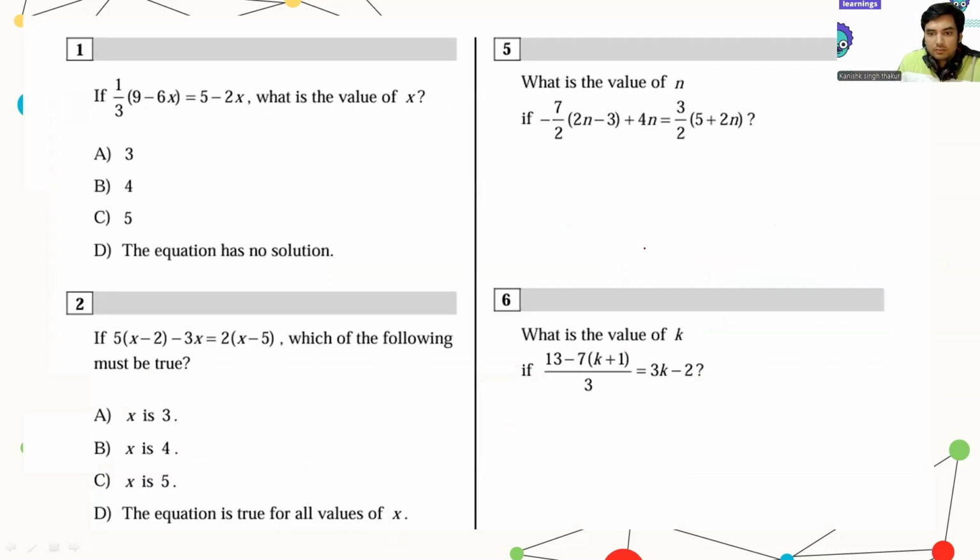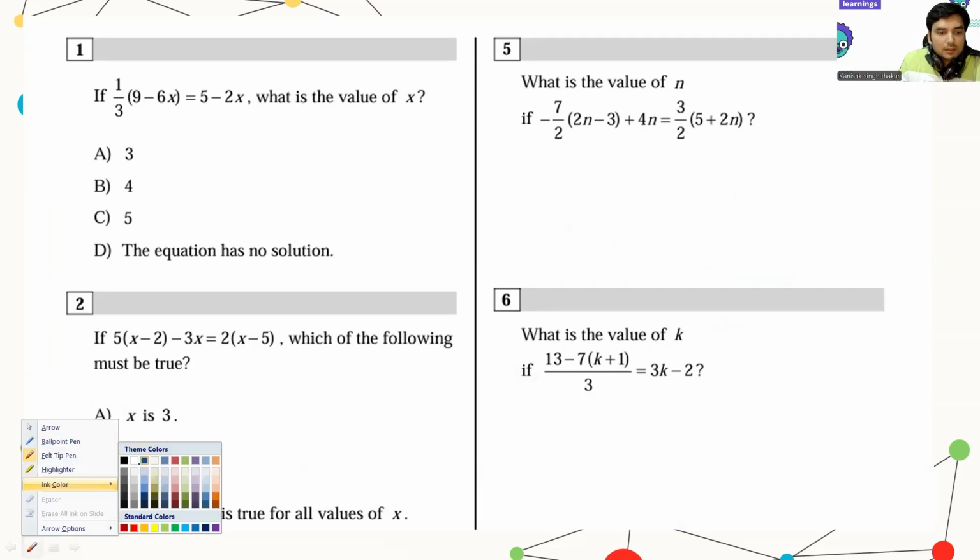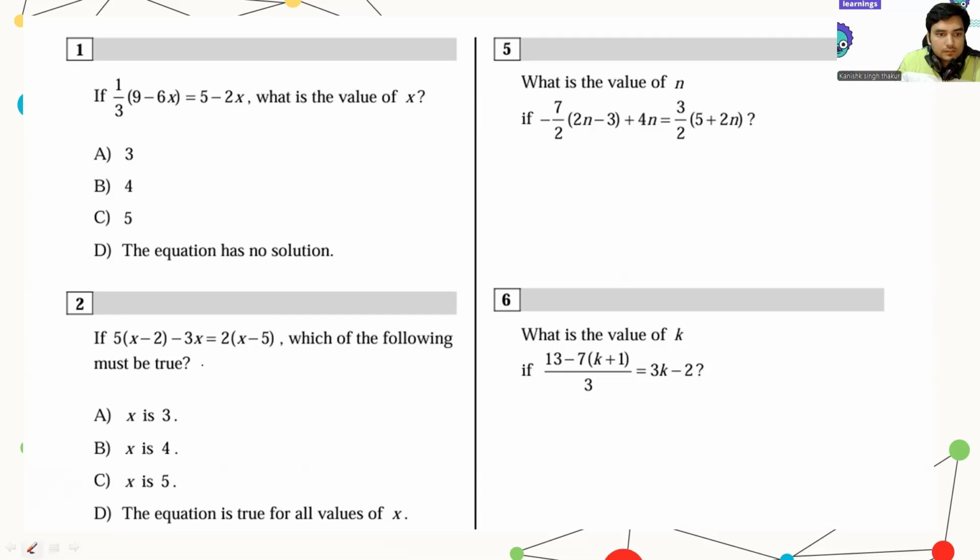Let's solve some questions over here which are based on identity. So see now, 1/3 of (9 minus 6x) is equal to 5 minus 2x. So 1/3 will be multiplied inside, which will give you 3. Sorry, it is not half, it is 1/3. Now 1/3 multiplied by negative 6x will give you negative 2x.